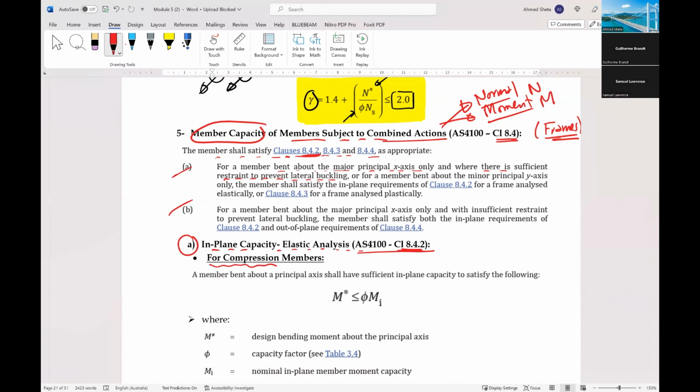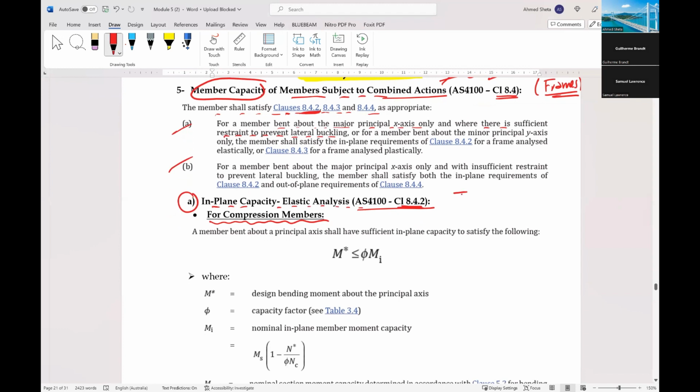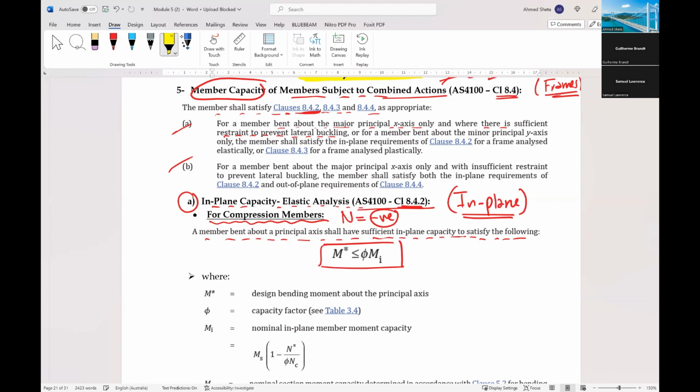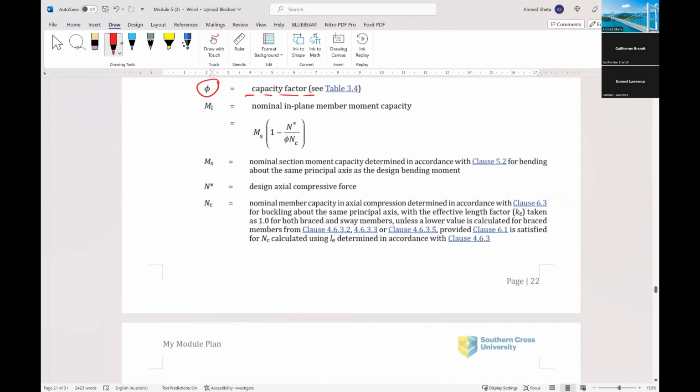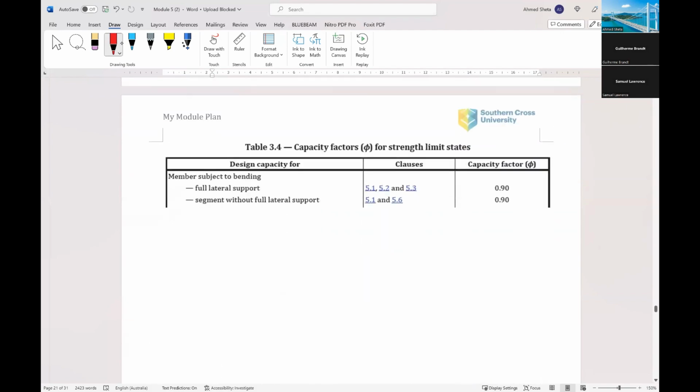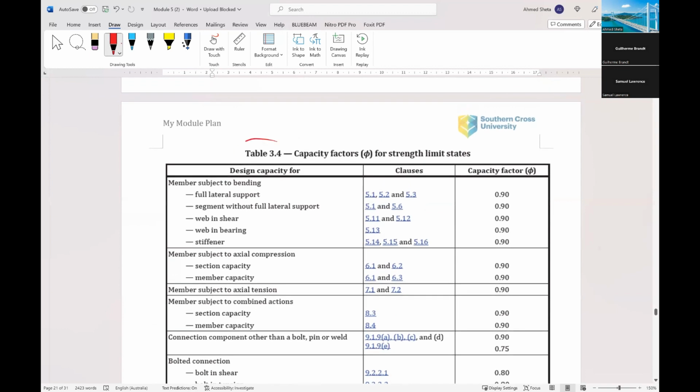First of all, if we have a compression member, we are looking at in-plane elastic analysis. So for a compression member, the normal force is negative, or compression. A member bent about a principal axis shall have sufficient in-plane capacity to satisfy the following. M star, the applied moment, should be less than or equal to phi Mi, where again phi is a capacity factor from Table 3.4, and I have added the capacity factor somewhere here.